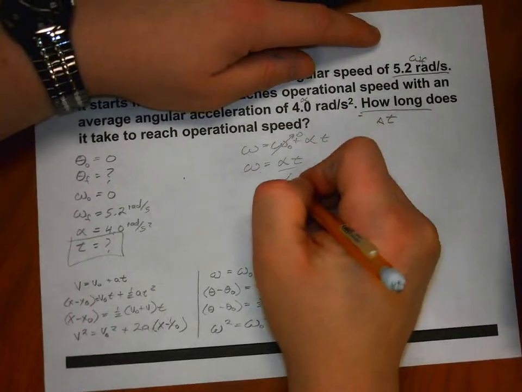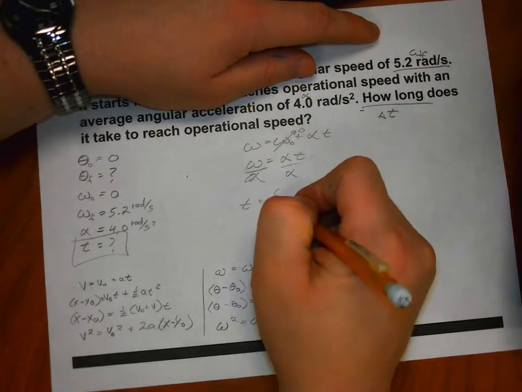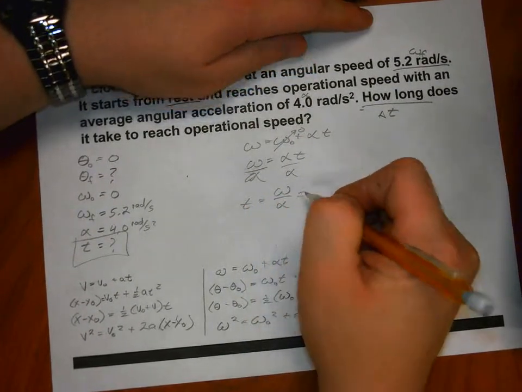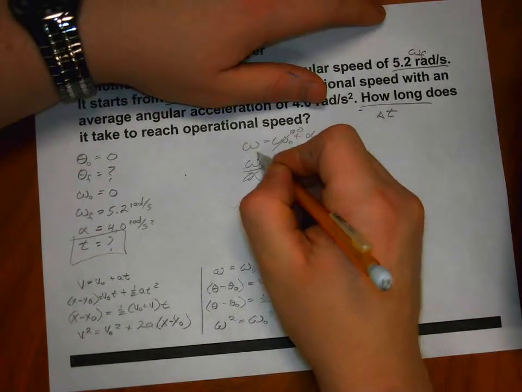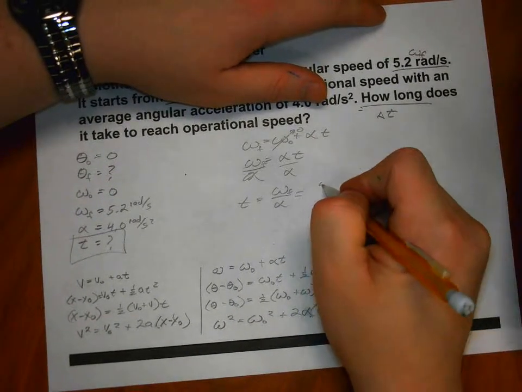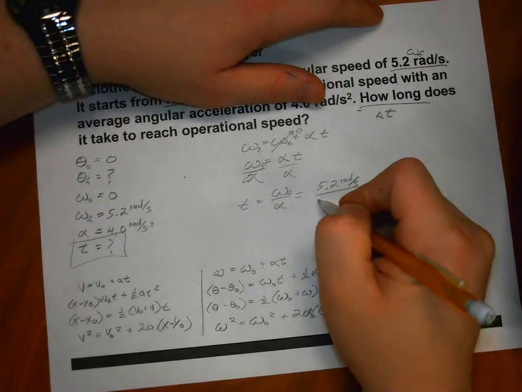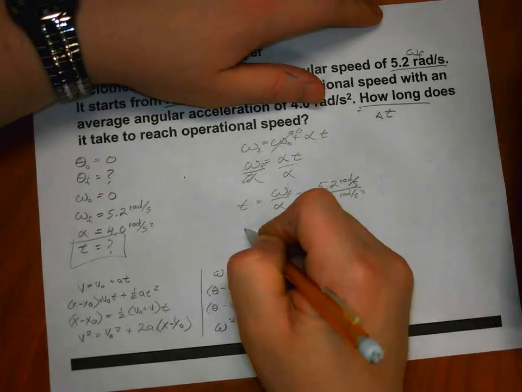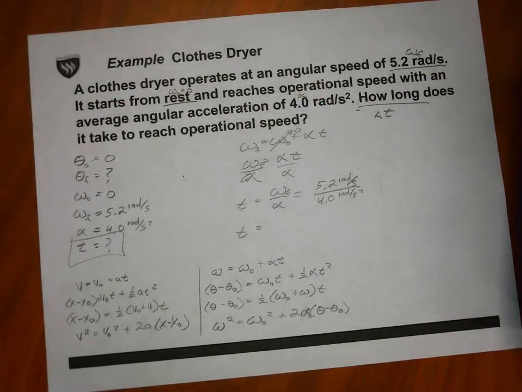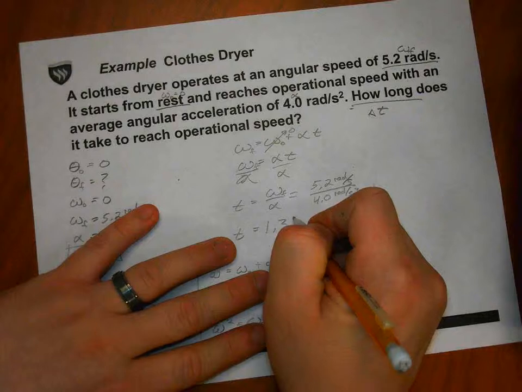Divide each side by alpha, t equals omega over alpha. That's omega final. And it's 5.2 radians per second over 4.0 radians per second squared. That comes out to 1.3 seconds.